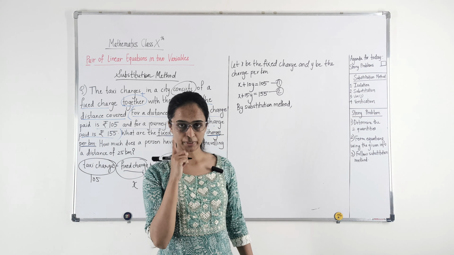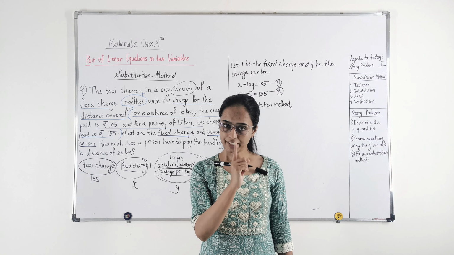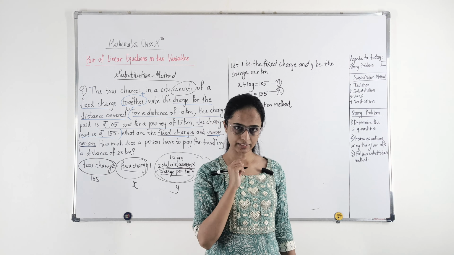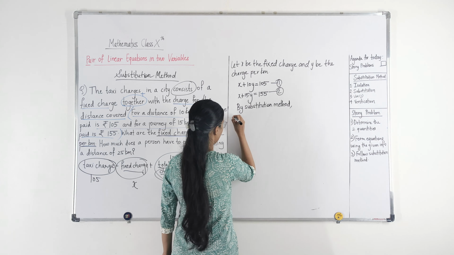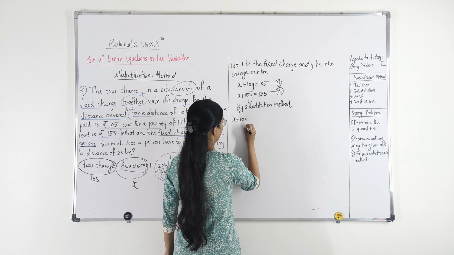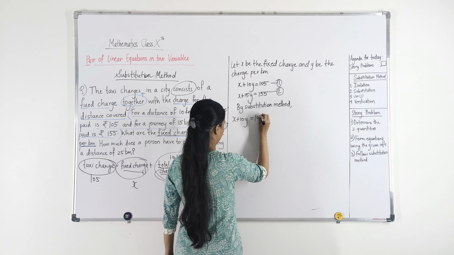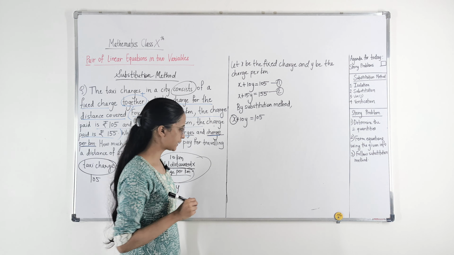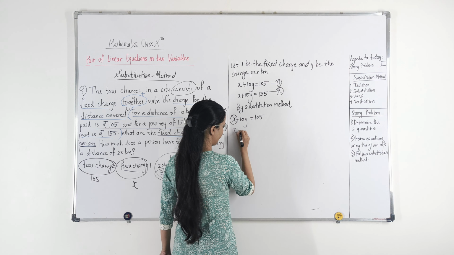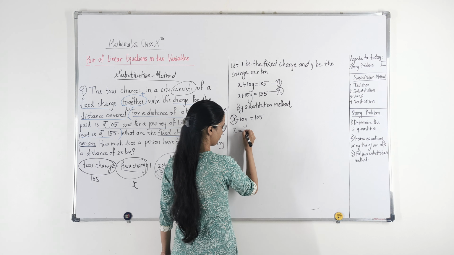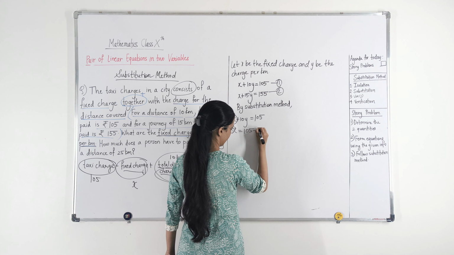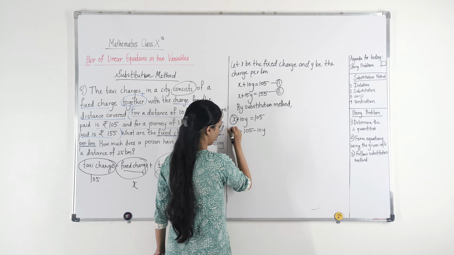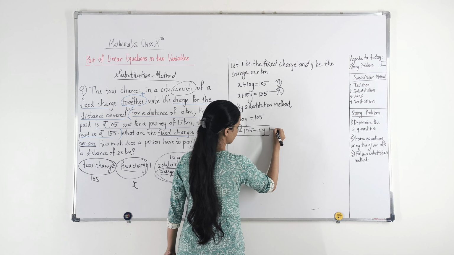Step number 1: we will use equation 1 to get the value of the first variable, that is x. So we will say that x plus 10y equals 105. We want to isolate x. So x would be on the left hand side, and everything else would be moved to the right hand side. So we get the value of x as 105 minus 10y.